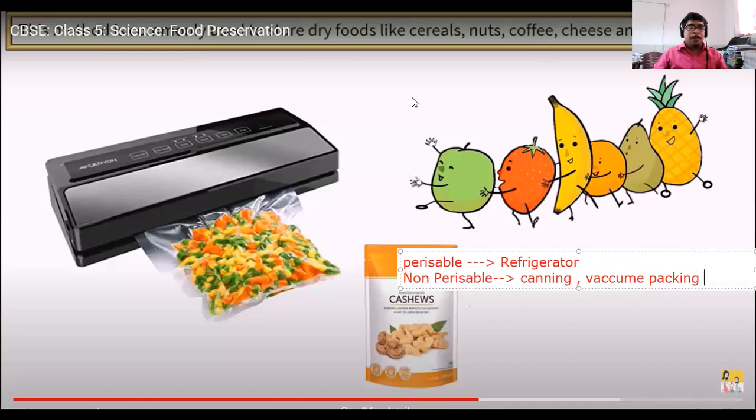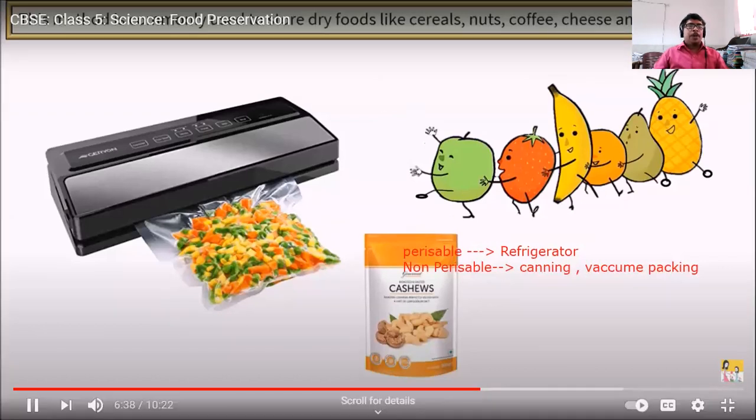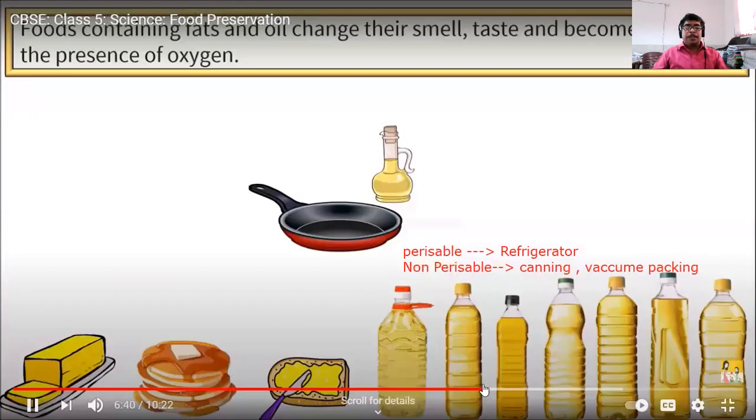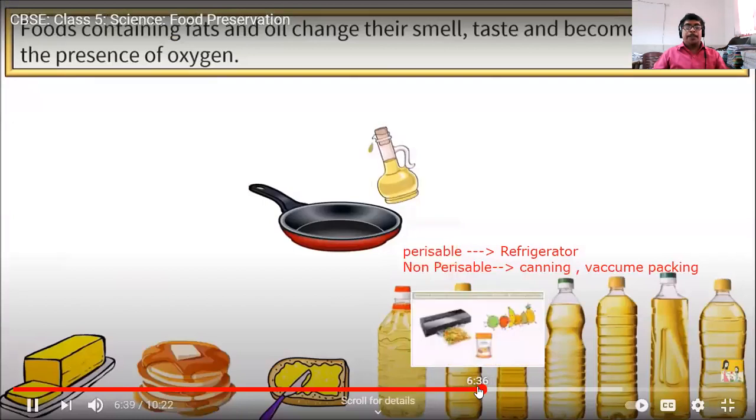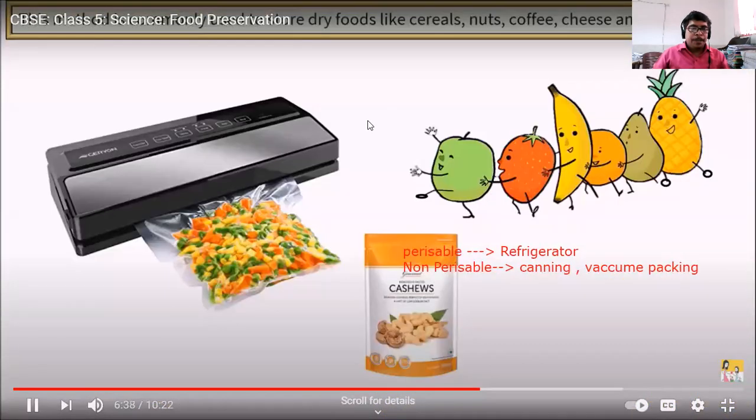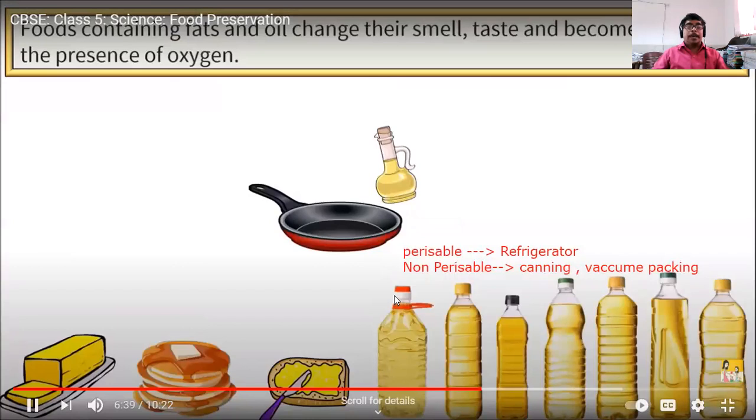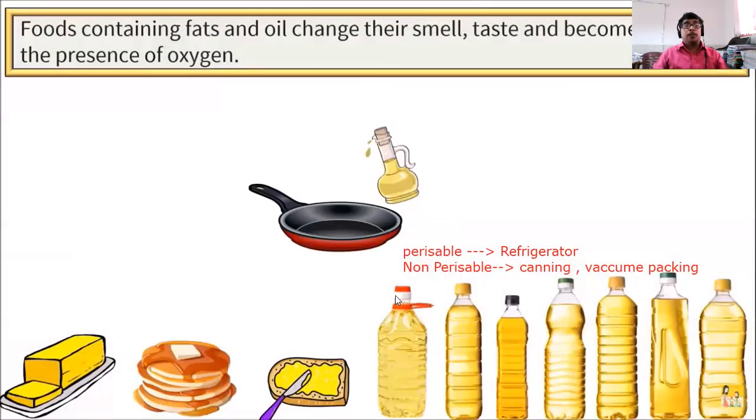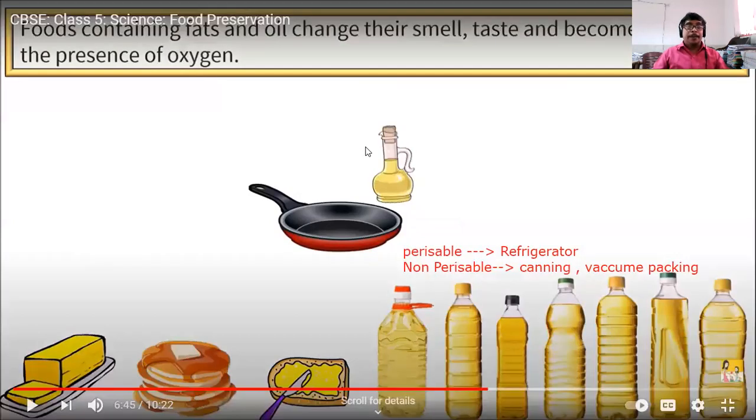Here we are learning about cereals and nuts, coffee, cheese. All these are vacuumized. You can see that the dry fruits, which do not have moisture, are allowed for vacuum packing. Now, food containing fats.